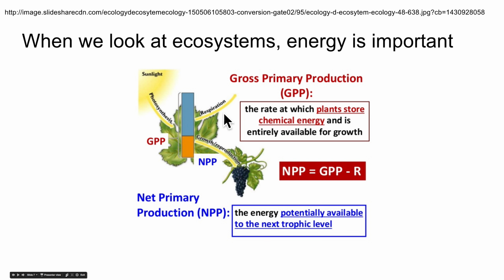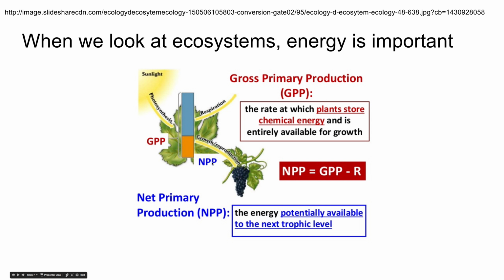And this is stuff that we have to get rid of. So, gross primary production is the max. You get rid of what you need to get rid of because of the second law of thermodynamics, and you're left with the net. The net production is what is available to be passed on.